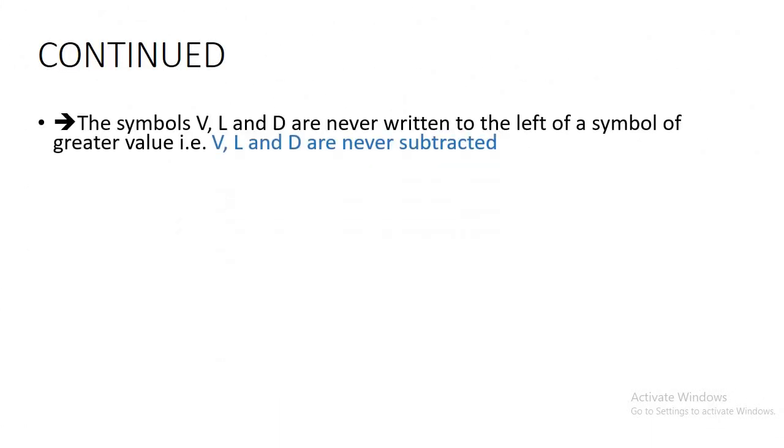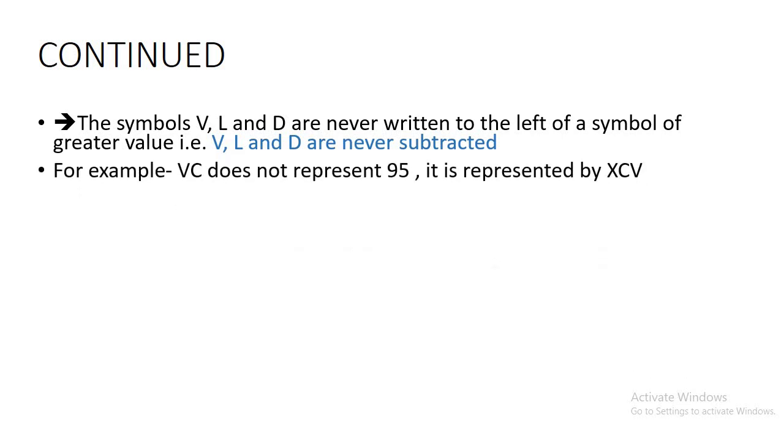Next rule is the symbols V, L and D are never written to the left of a symbol of greater value. That means the values of V, L and D are never subtracted. For example, VC does not represent 95.